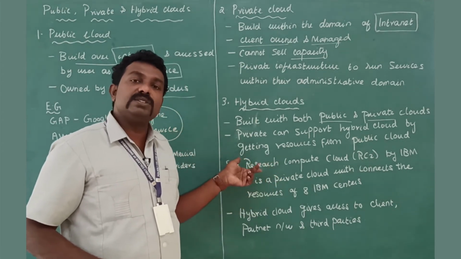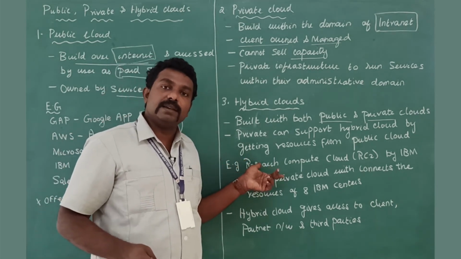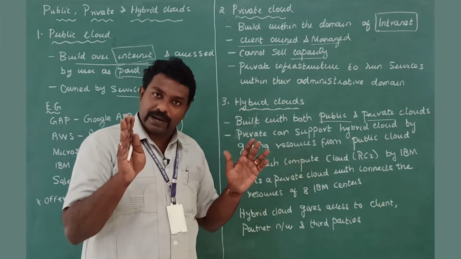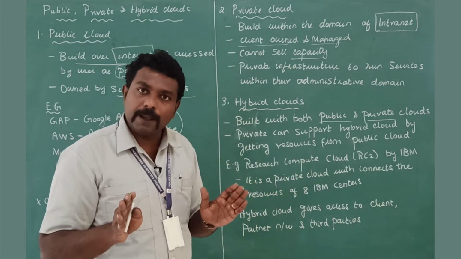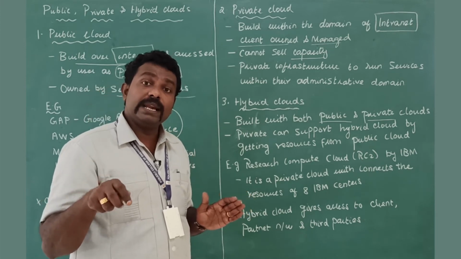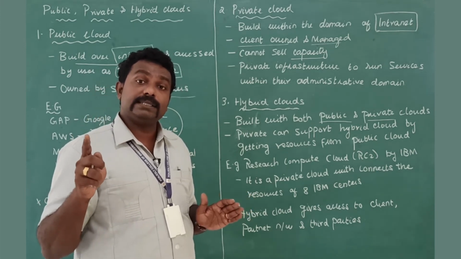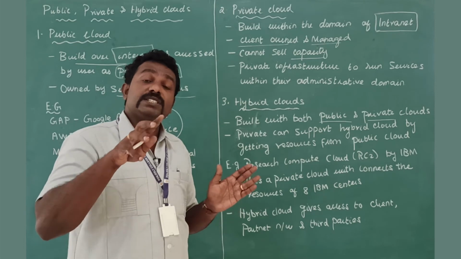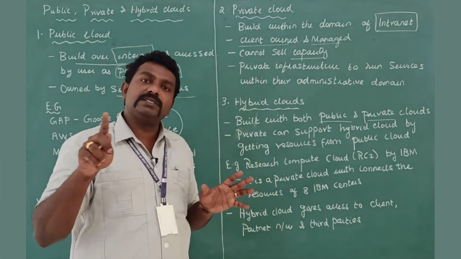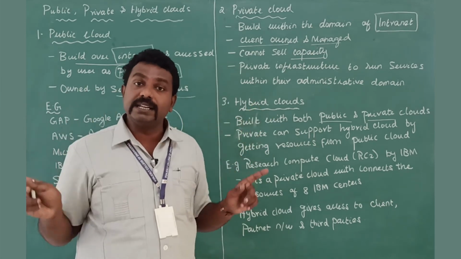RC2 is a private cloud owned by IBM, but it has control over 8 data centers of IBM present in different locations or different countries.